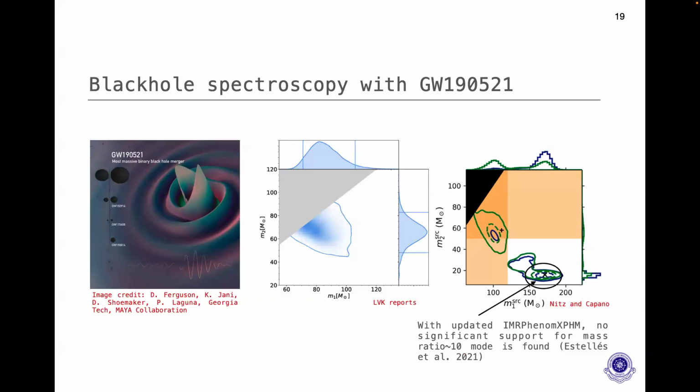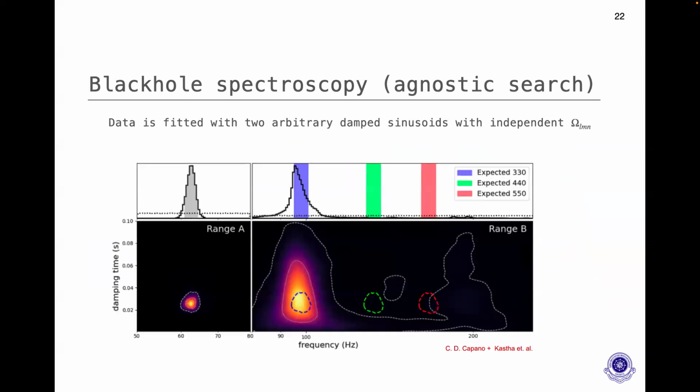I don't have the mass ratio plot, but in the presence of this 330 mode, you can backtrack what the mass ratio of the initial two black holes could be. But the sensitivity to the 330 mode was very low, so the posterior on the mass ratio was not narrow, it was wide, but we do find that mass ratio 6 is within the posterior.